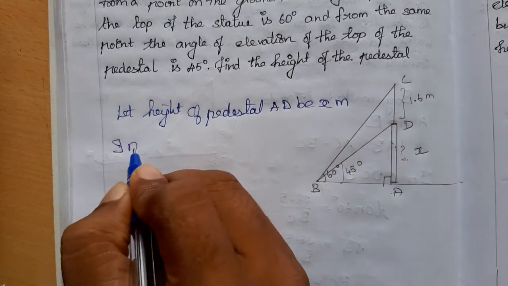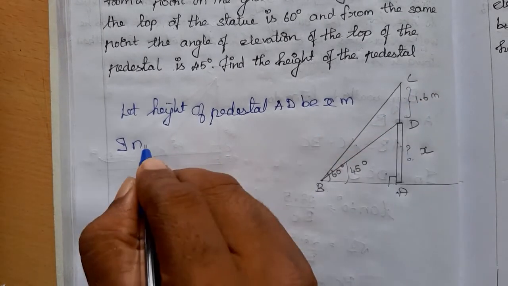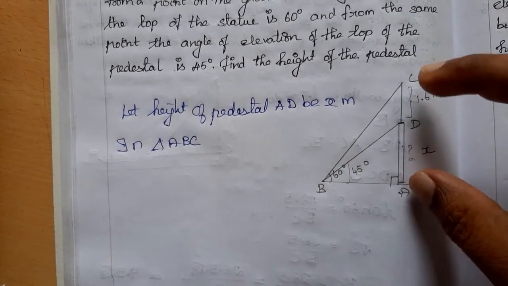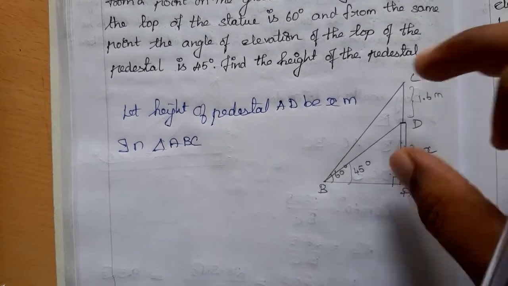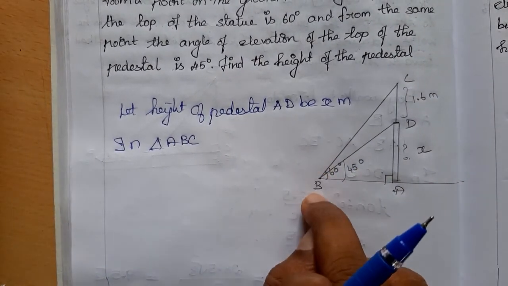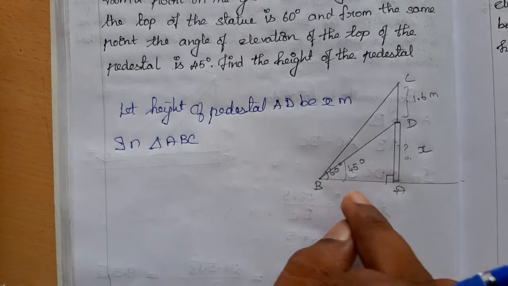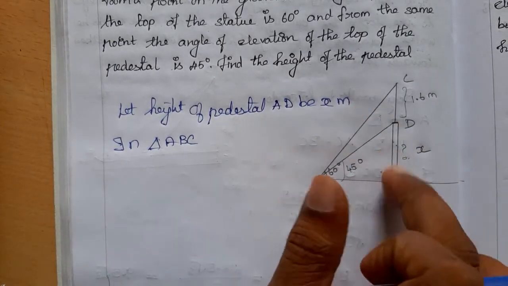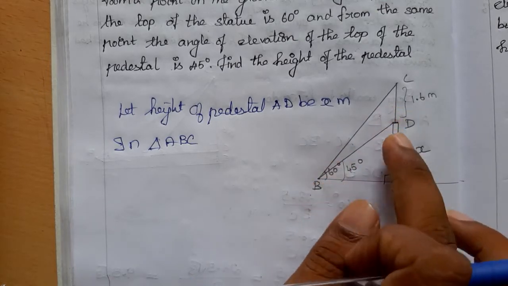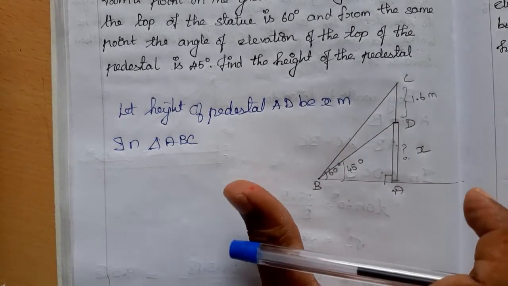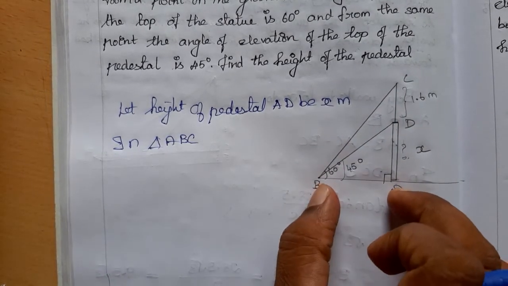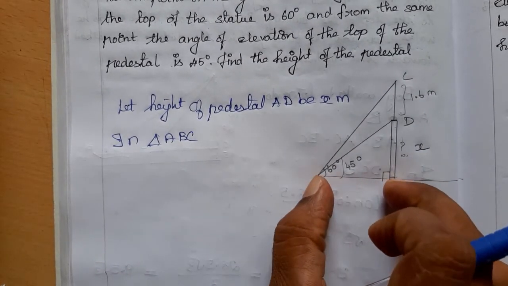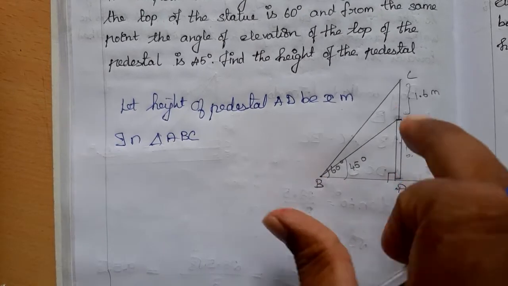So let me choose the first triangle ABC. In triangle ABC we need this side, right? So let me choose this full side, and this angle 60 degree, and AB will be common for both the triangles. So let me find AB, then equate, because this AB will involve X and this big triangle's AB also involves X. So let me find the common side and we will compare. This side adjacent to angle 60 is adjacent, and this is opposite.